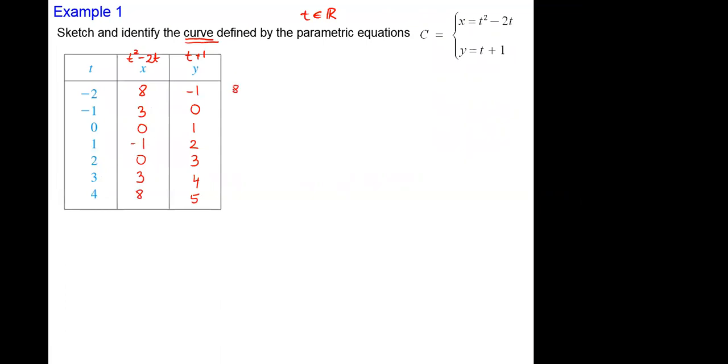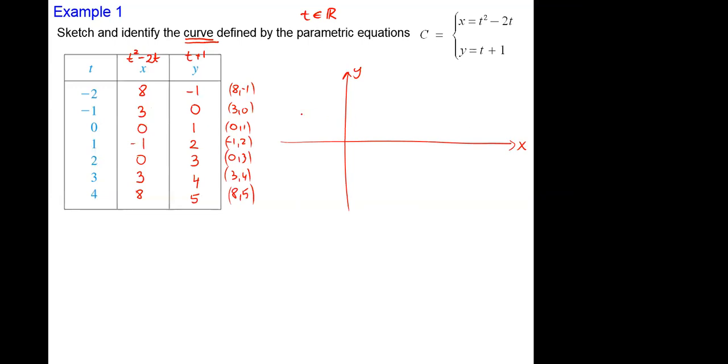So these are the points: 8, negative 1; 3, 0; 0, 1; negative 1, 2; 0, 3; 3, 4; 8, 5. Okay, let's try. This is x, this is y. Okay, 8, negative 1.